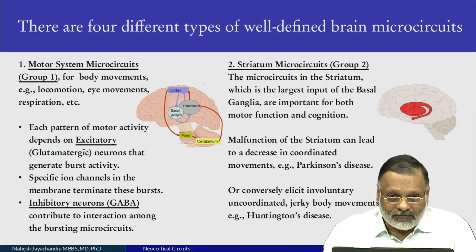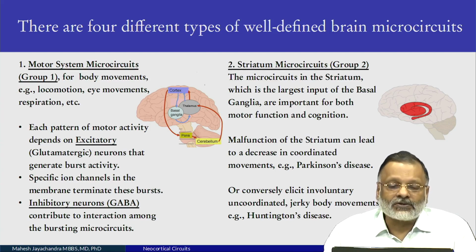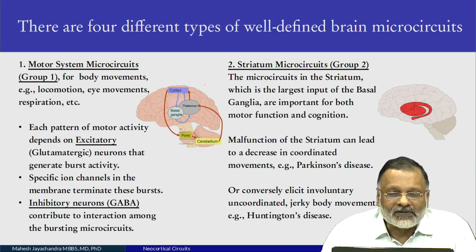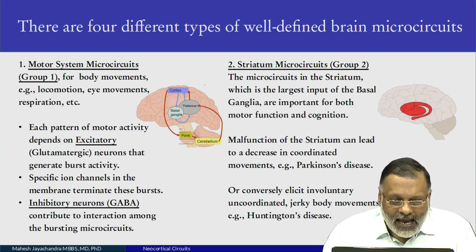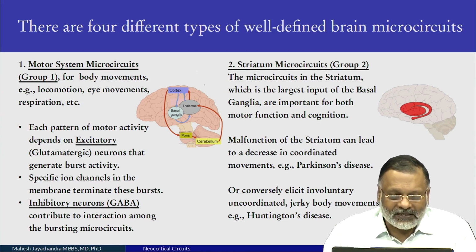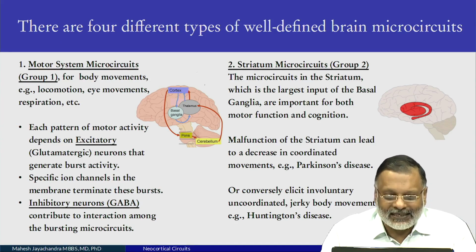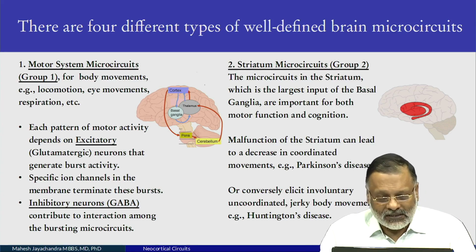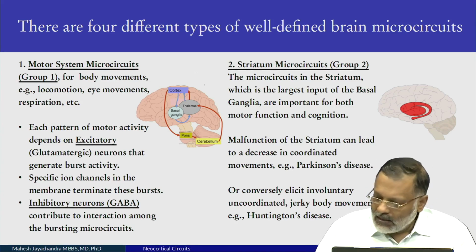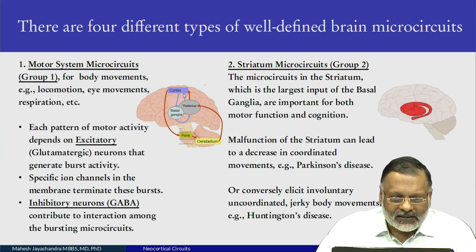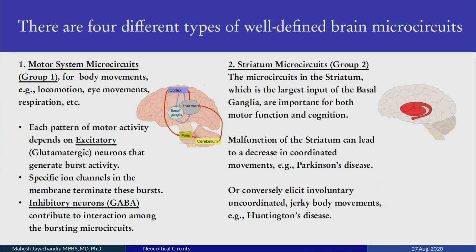Each pattern of motor activity depends on excitatory neurons, which you learned from a previous session are glutamatergic, and inhibitory GABA neurons. These act in tandem, and you also have specific ionic channels in membranes which terminate these bursts, otherwise it would just become runaway excitation. These are the motor circuits, and they are present in the motor area of the cortex, parts of the basal ganglia, thalamus, pons, and also the cerebellum. We haven't talked much about the cerebellum, but a lot of motor activity is controlled there.